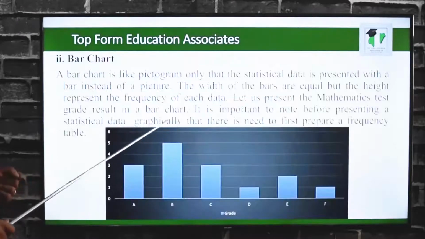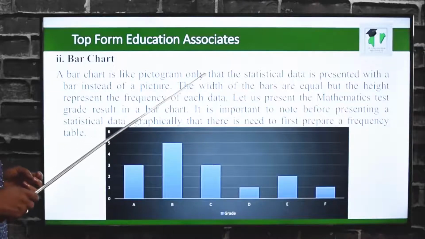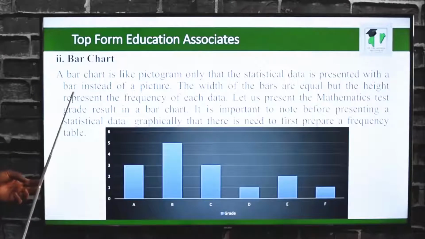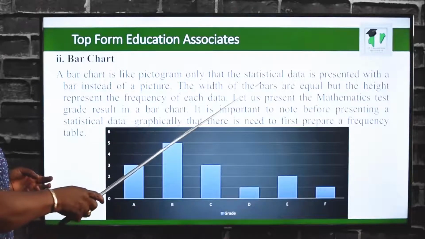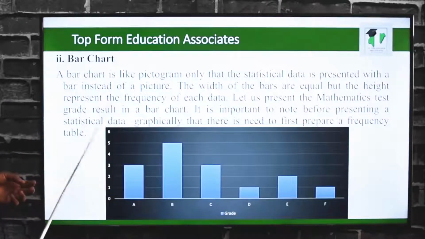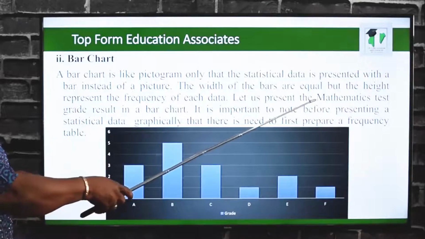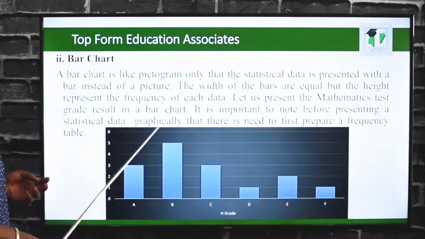Bar chart. A bar chart is like a pictogram, only that the statistical data is presented with a bar instead of a picture. The widths of the bars are equal, but the height represents the frequency of each data. Let us present the mathematics test grade result in a bar chart.